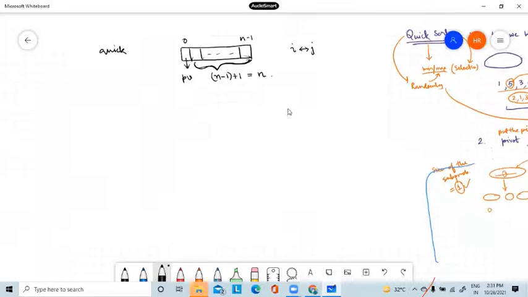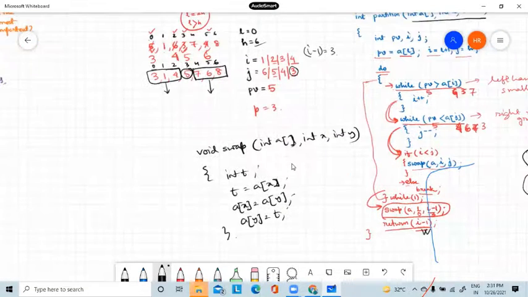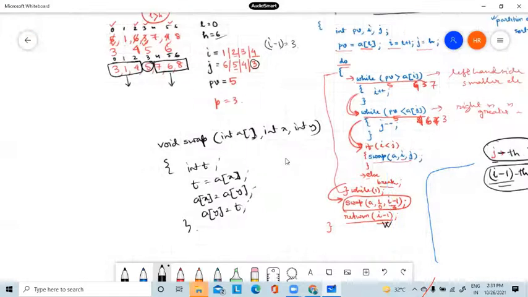See, in this quick sort algorithm, what we are doing, we are comparing pivot with the rest of the elements. How many rest of the elements? N minus 1. But since I and J cross each other, there will be one element that will be compared twice.